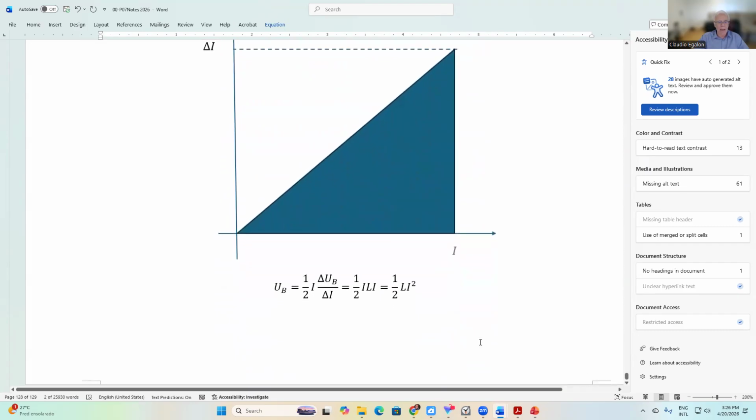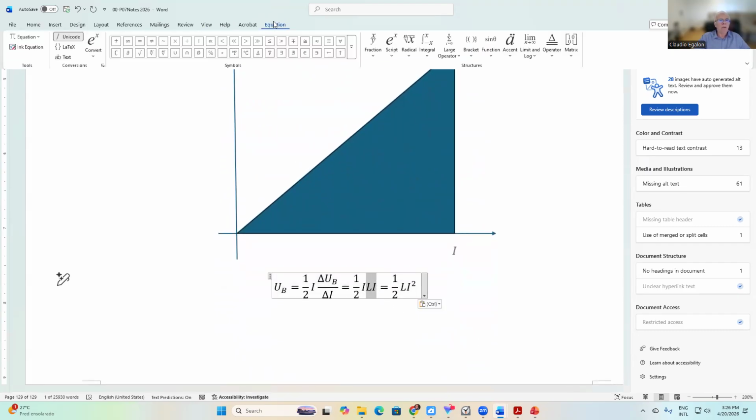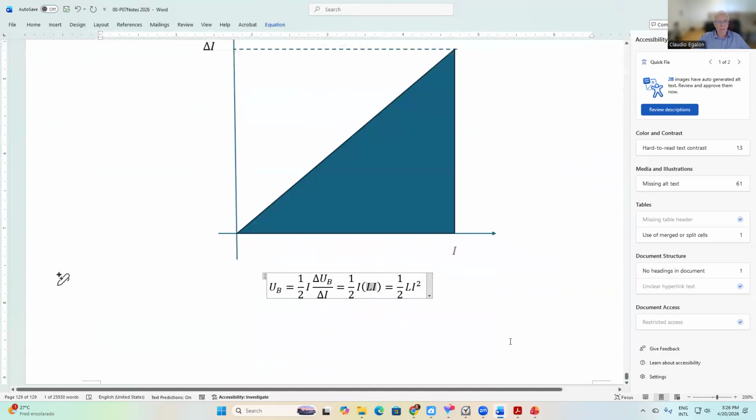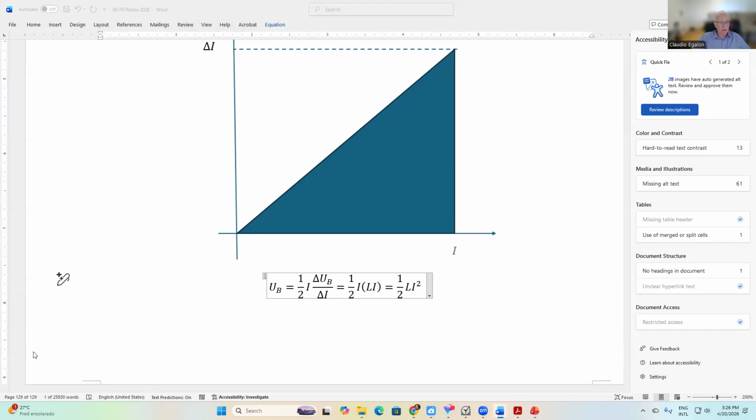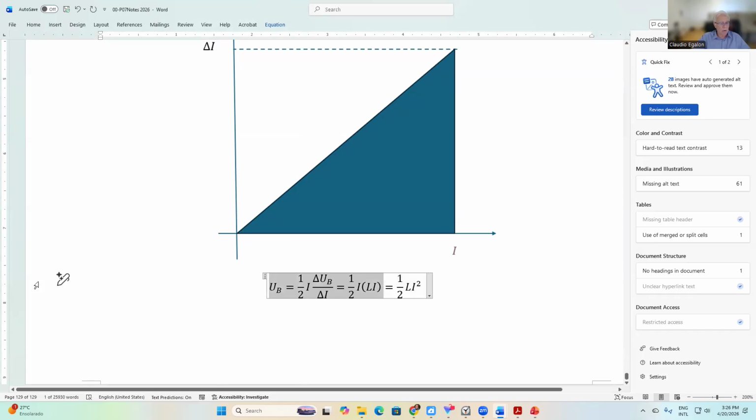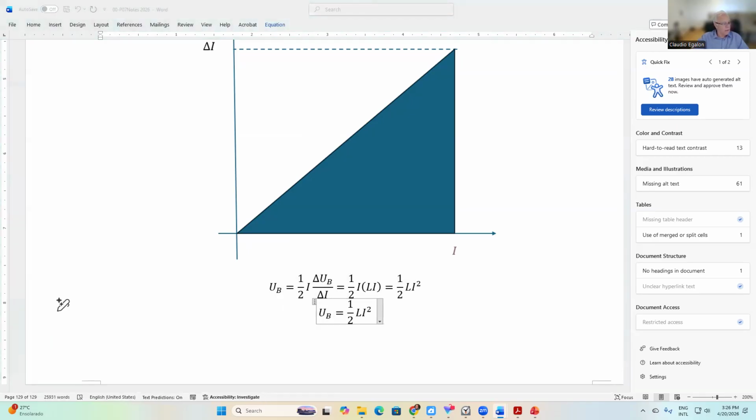Substituting Li right in here, in parentheses so you know it came from that term, we get the total potential energy stored in the magnetic field: half of Li squared. Nice derivation, just in geometrical terms.